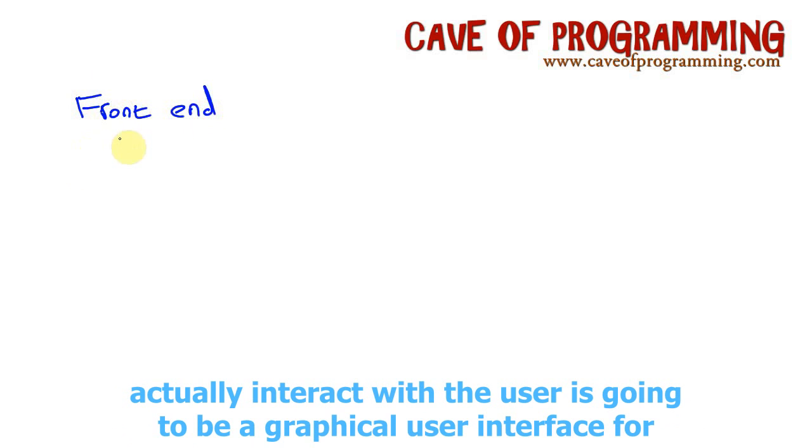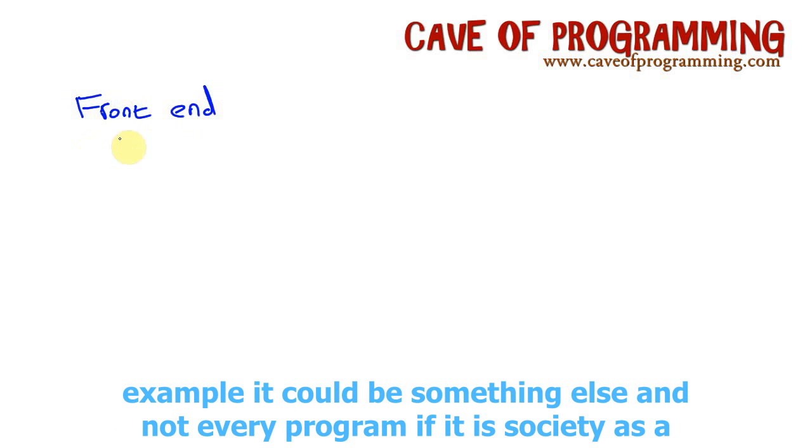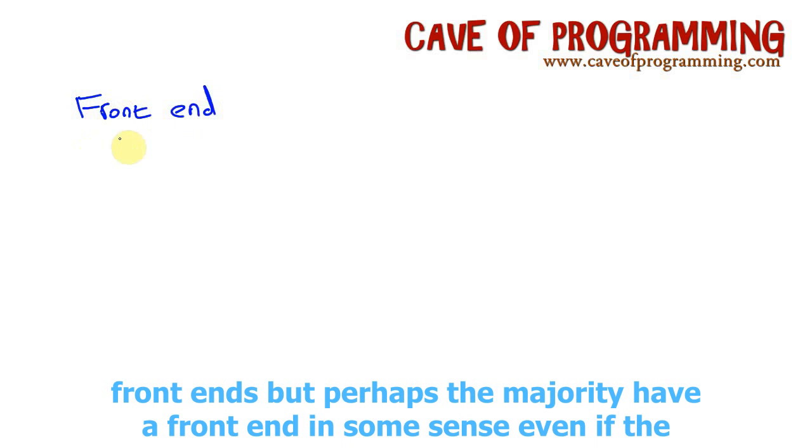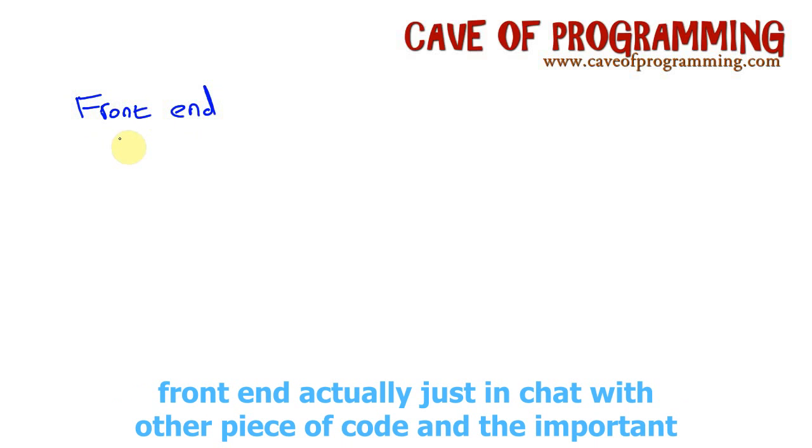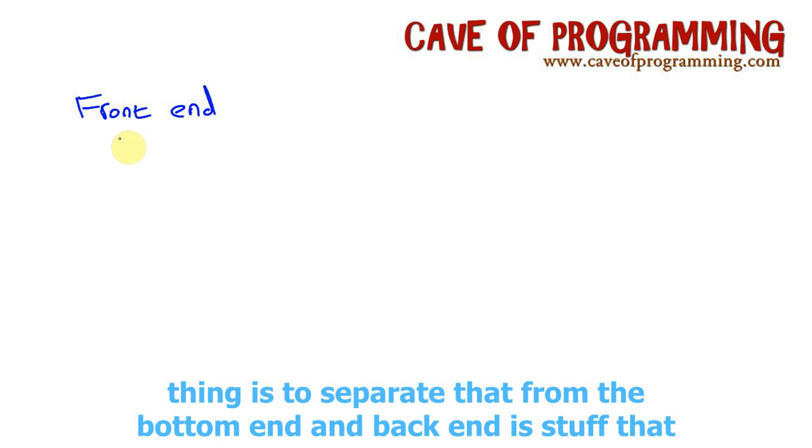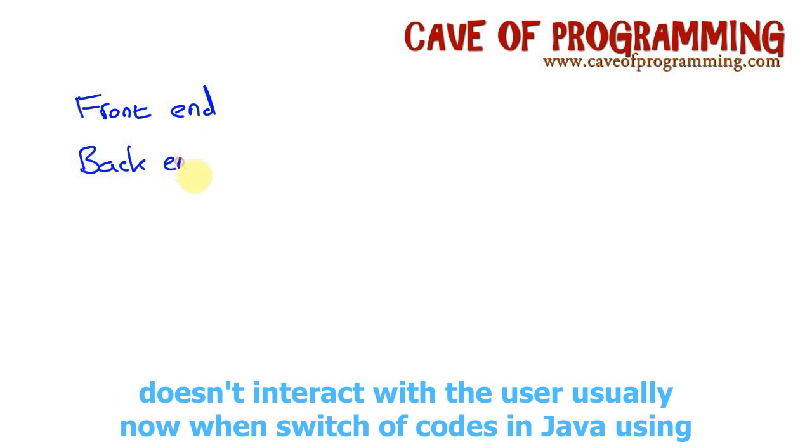It's going to be a graphical user interface, for example, but it could be something else. And not every piece of software has a front end, but perhaps the majority have a front end in some sense, even if the front end actually just interacts with other pieces of code. And the important thing is to separate that out from the back end. And the back end is stuff that doesn't interact with the user usually.